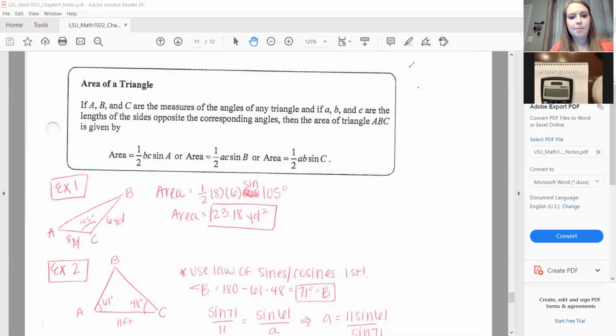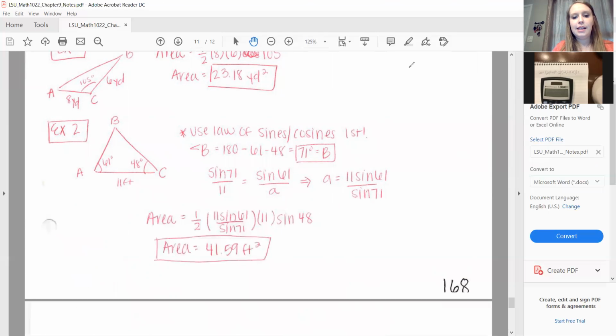The second example down here is what I had, angle side angle. So it's a little bit different. You can't use it unless you know two side lengths. So what am I going to do here? Well, you have to use law of sines to find another side length.